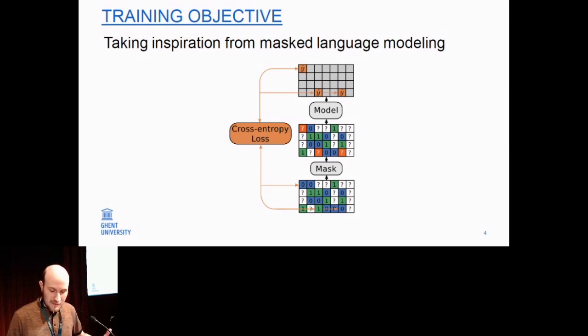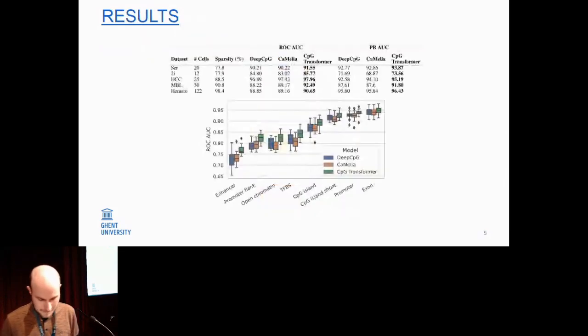At every training iteration, we randomly mask some observed elements, and then we ask the model, okay, what are those elements supposed to be? So this is basically just a classification task. At inference time, after we have trained our model, because our model is optimized to predict the labels from the question marks, we just skip the masking step. We give as input just our methylation matrix, and we get an imputed matrix back.